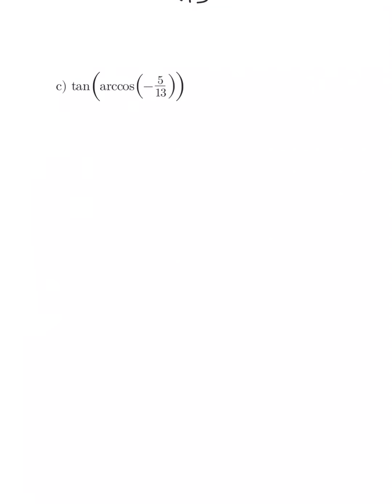On example C, we want to find the tangent of the arc cosine of -5/13. The inside set of parentheses is just for readability so that you can see that it's -5/13. So we have to think about, this is a cosine function and it's negative.